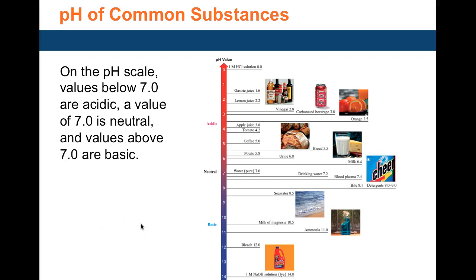All right, so here's a listing of different common everyday things that we encounter. Some food, some cleaners, some shampoos, and everyday use things, all right, food and other stuff. And as you can see, most of the foods are acidic, all right? There's a reason for it. If it was basic, it would taste pretty bad, okay?